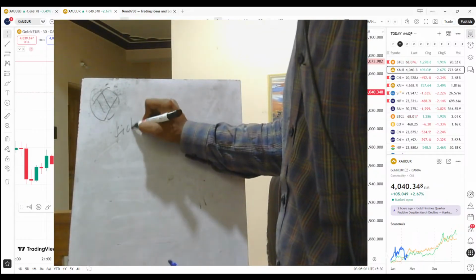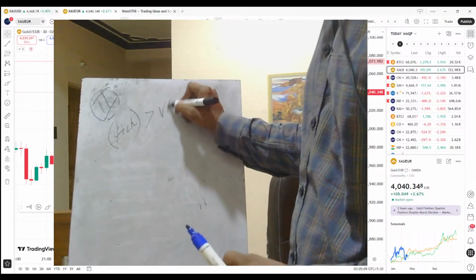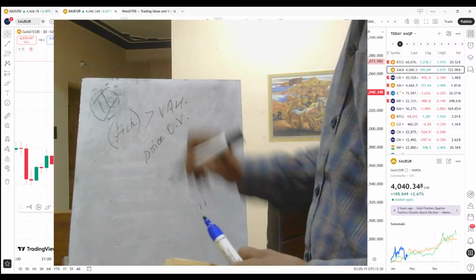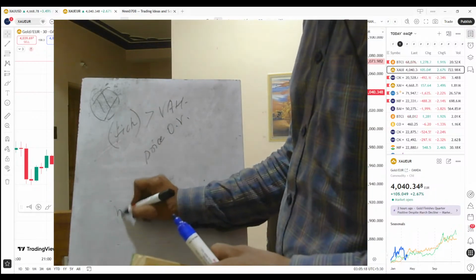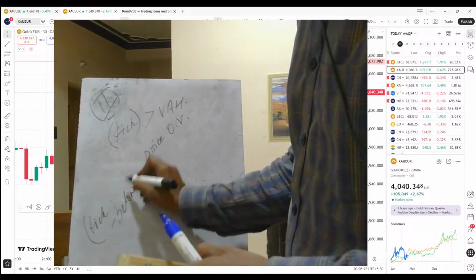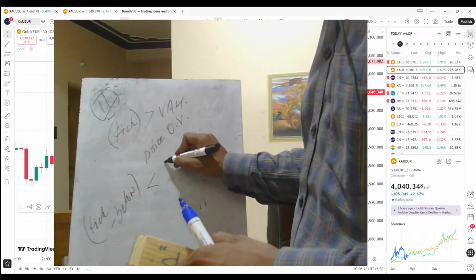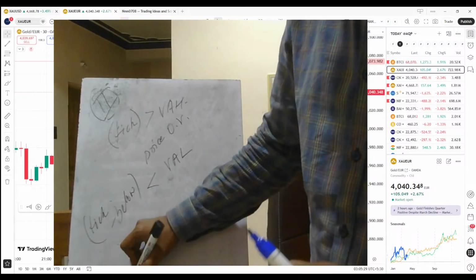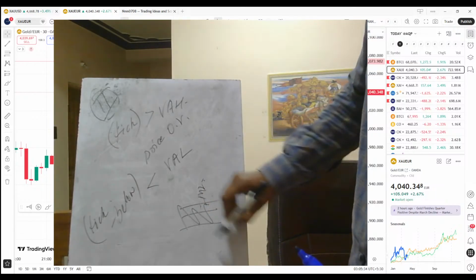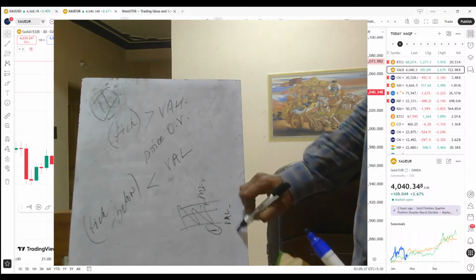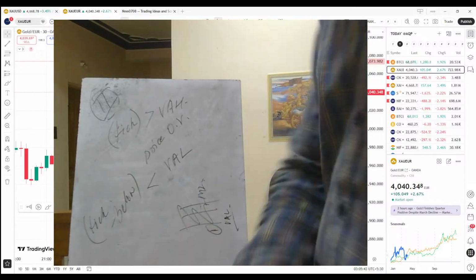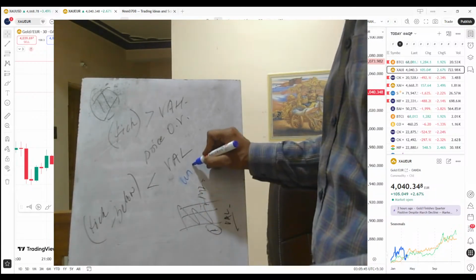So when the tick is greater than value area high, that means the price is overvalued. When the tick is below value area low, meaning below the downside, let me explain simply here. This is the money zone, and the tick is below this value area low, that means it's undervalued.